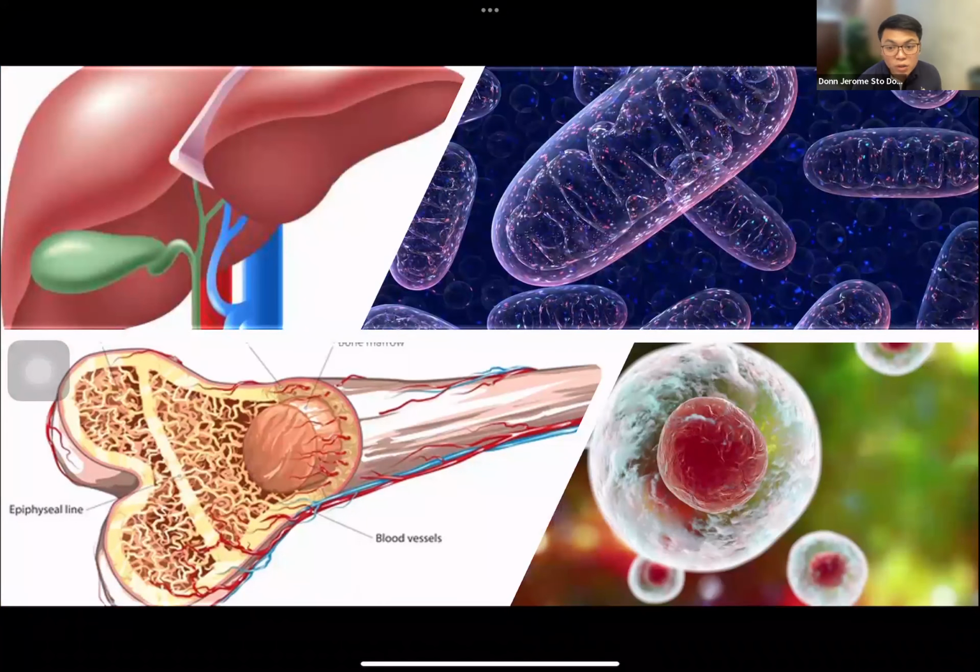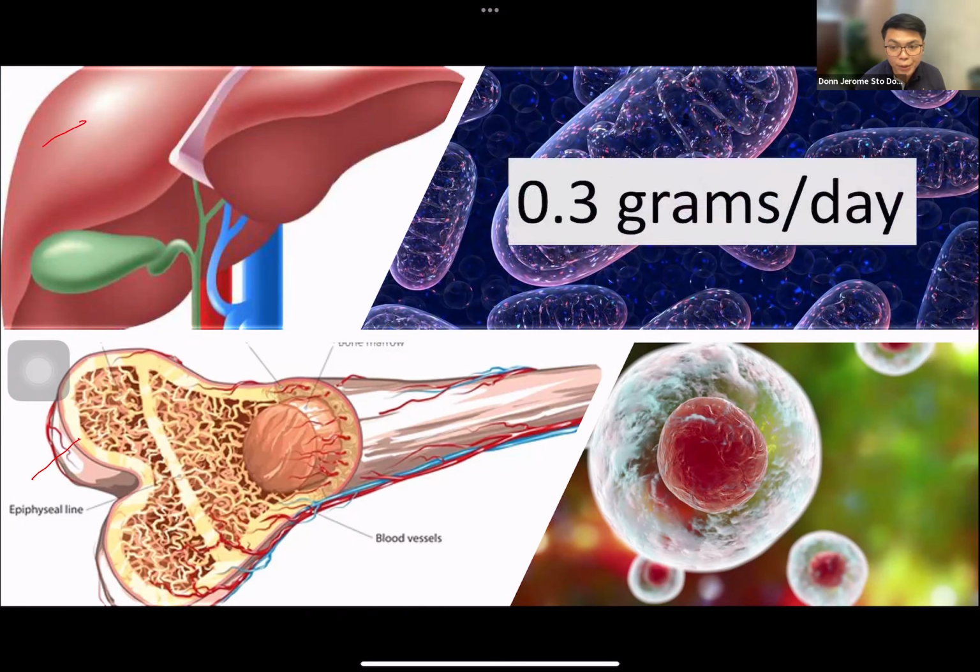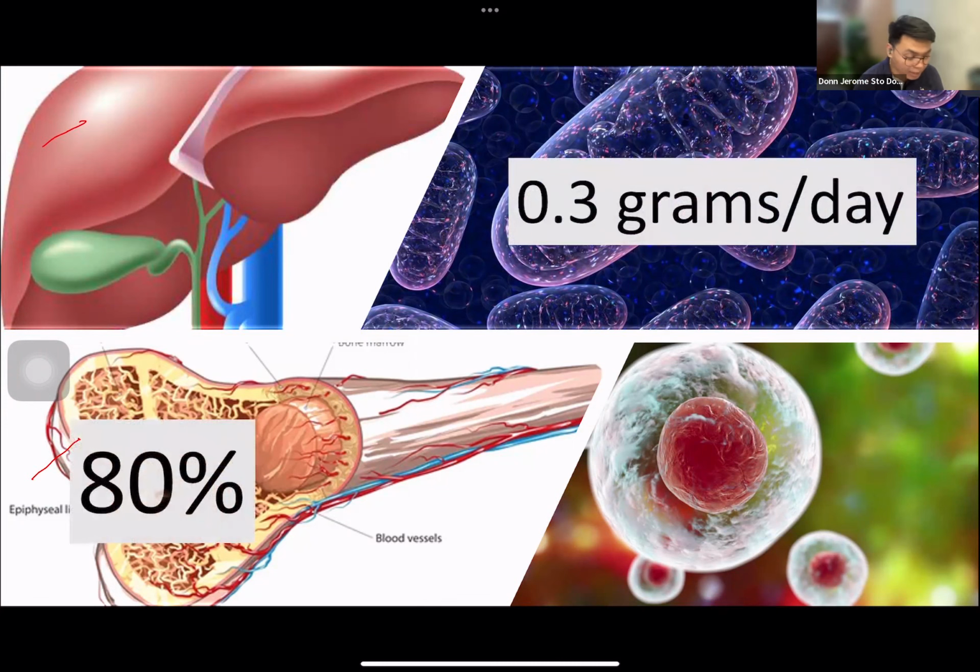So, most of the body's heme synthesis occurs in 2 organs: your bone marrow, as well as your liver or hepatocytes, where we produce heme at a rate of 0.3 grams per day. 80% of which happens in your bone marrow, for the synthesis of heme as part of your hemoglobin.